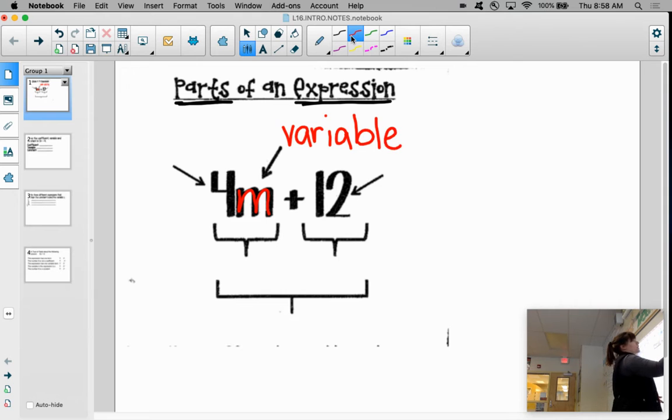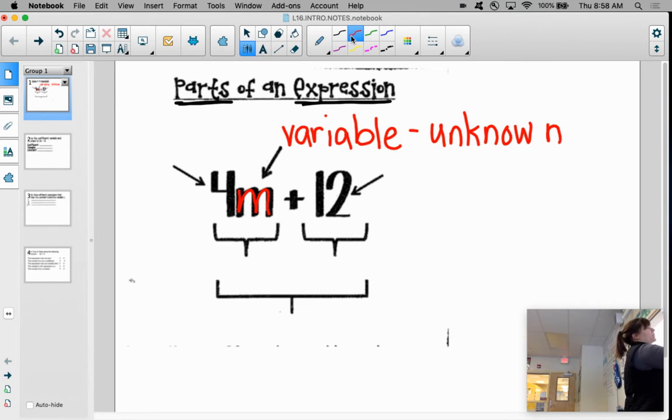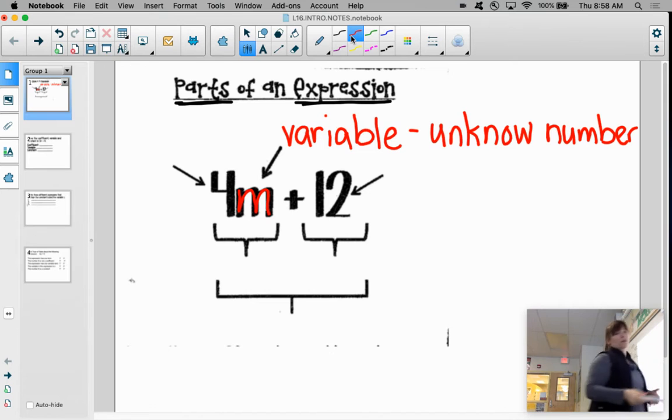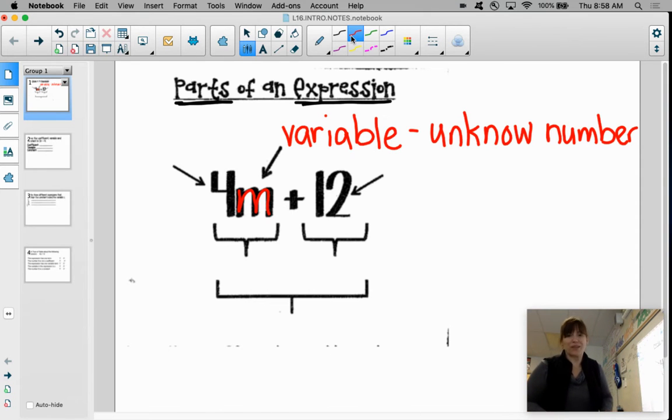A variable is an unknown number. It does stand for a number, but we don't know what that number is yet, so we're just going to call it m or x or p. Usually we don't see the letter o as a variable, because that would look like a 0.